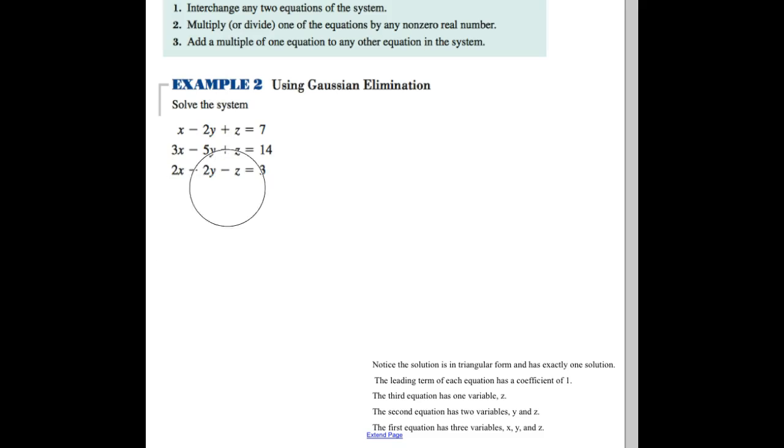So my first step, let's say I'm going to get rid of the 3x here. What would I have to do to the first equation to be able to combine it with the second one and get rid of my 3x?